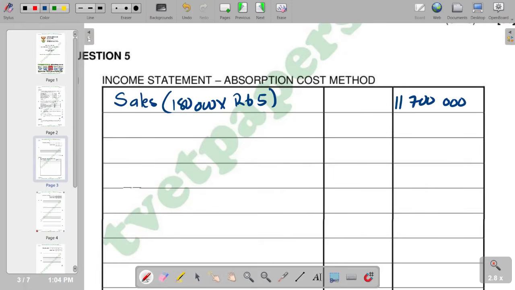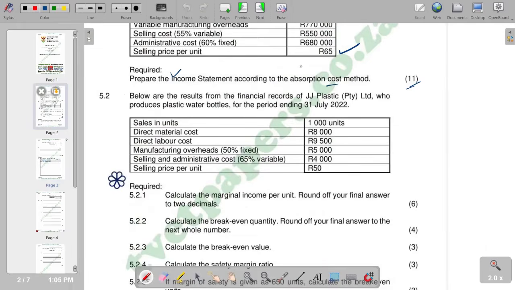We are going to include them since we include all variable and fixed. So here we say less total production costs.